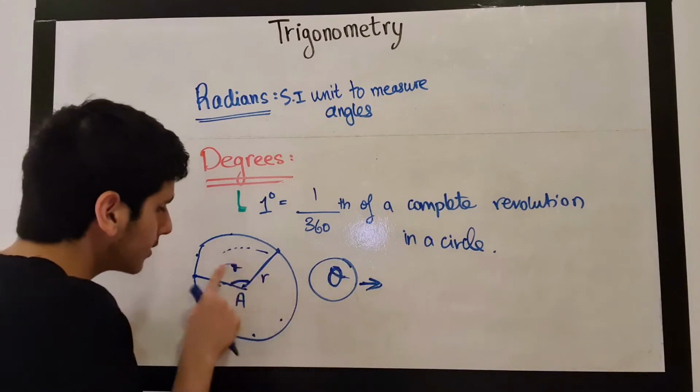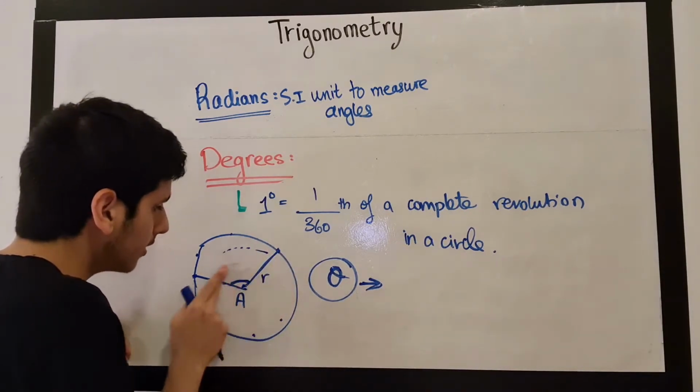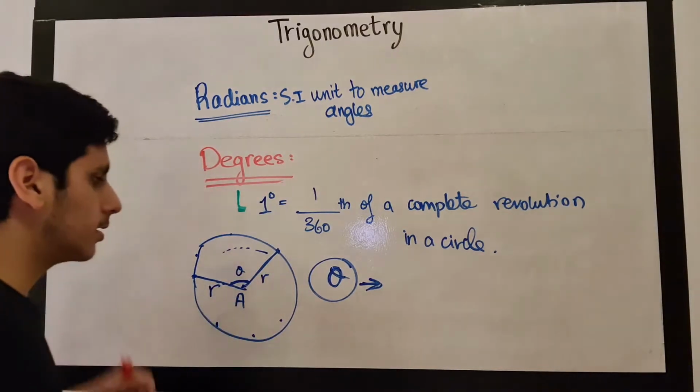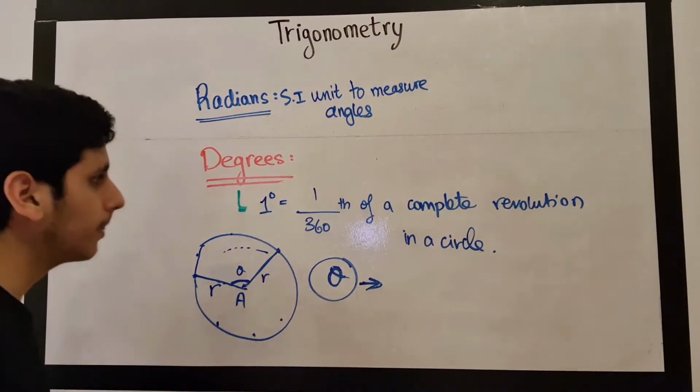We don't know what it is. If I tell you it's 30 degrees, then we know that theta equals 30 degrees. So this is theta degrees, okay?